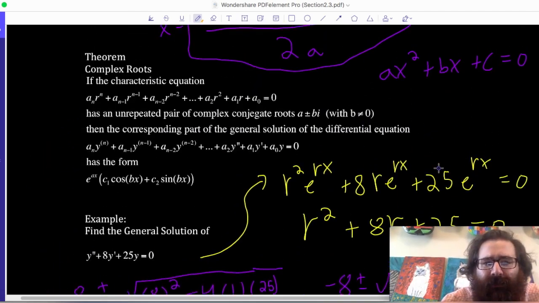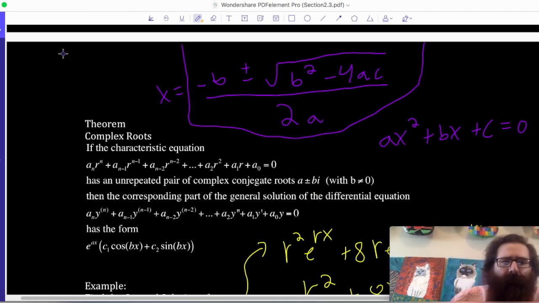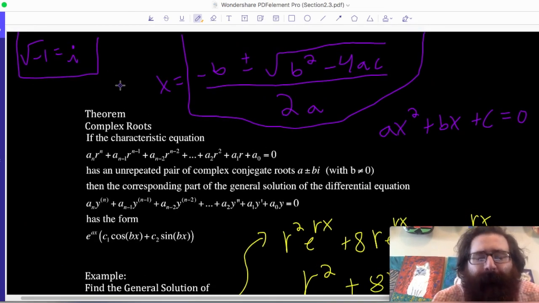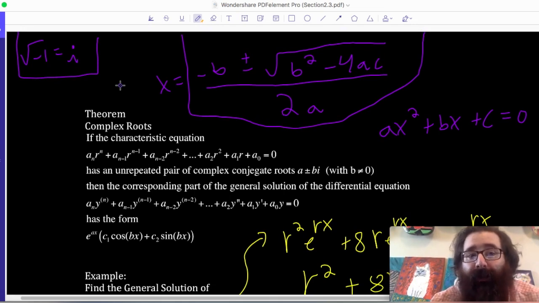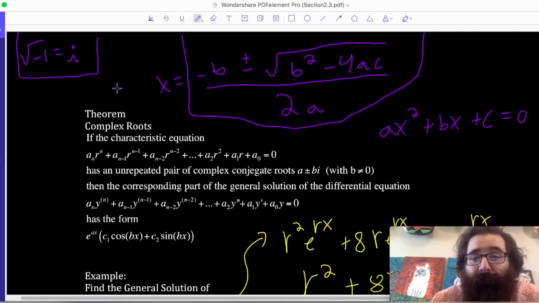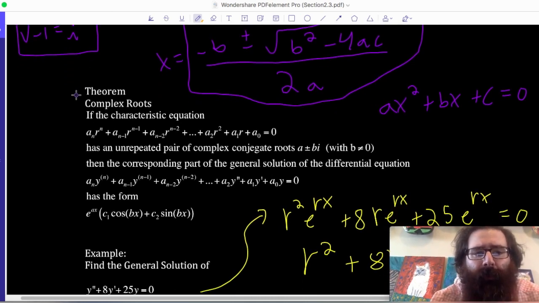And for these imaginary numbers, we want to remember that the square root of negative 1 is what we call i. The imaginary number i gives me this unit in the imaginary numbers. If you haven't worked with complex numbers, imaginary numbers before, let me know on Piazza. We can go ahead and take some time to talk about these, but I don't think they're too tricky to pick up, and I think most of you have probably already seen them. But if you haven't seen them, let me know, because I want to talk about them a lot more.